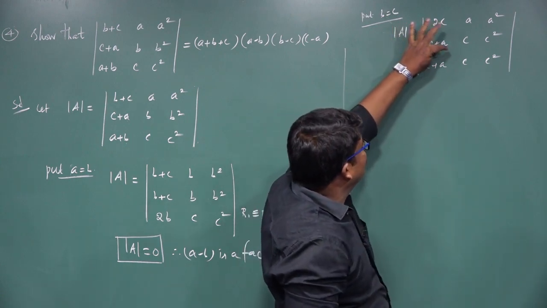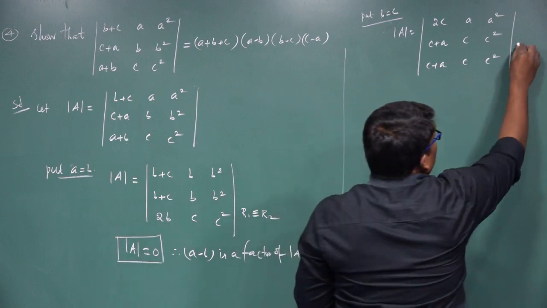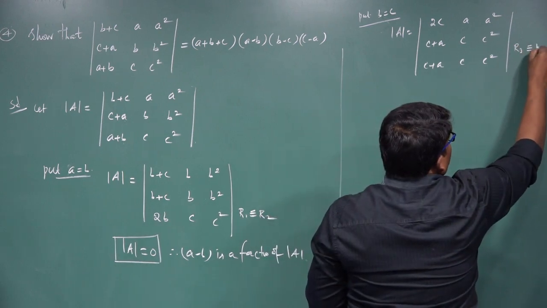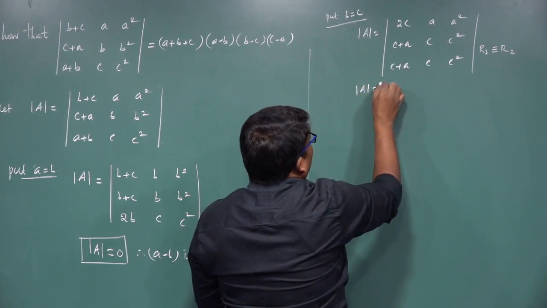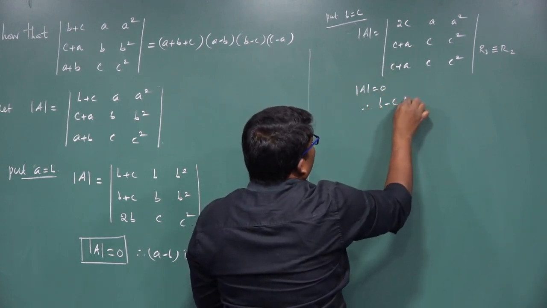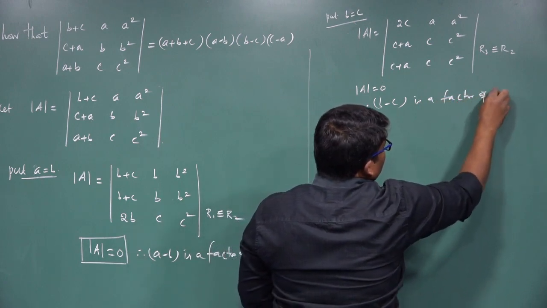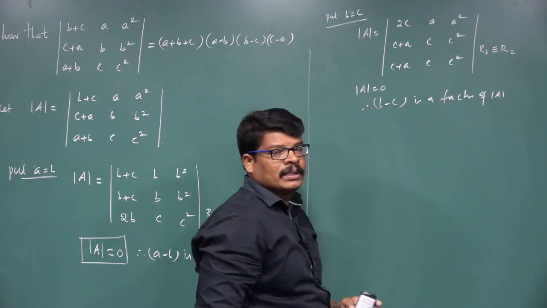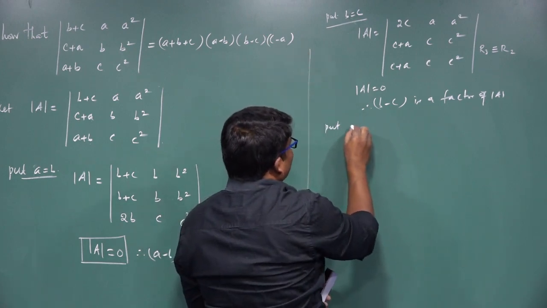Rows R2 and R3 are identical, so the determinant of A equals 0. Therefore, b minus c is a factor of determinant A.